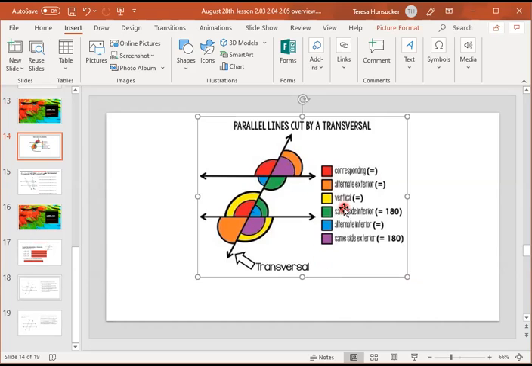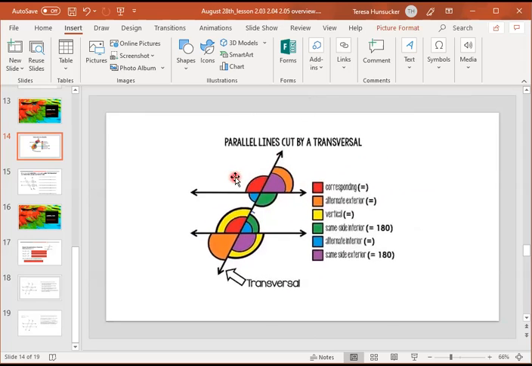All right. So will you be able to tell me alternate exterior, interior angles are here and here? So I talked about the transversal being a toothpick in the burger bun, in the burger. And this top region up here is the top of the burger bun. This bottom region is the bottom of the burger bun.